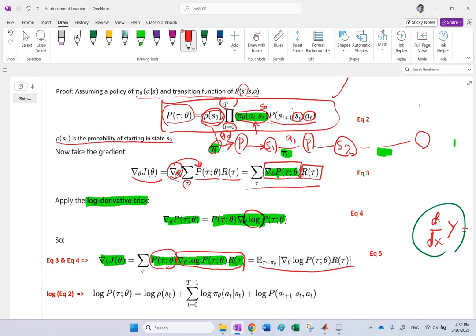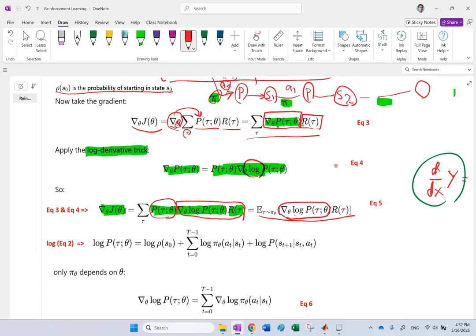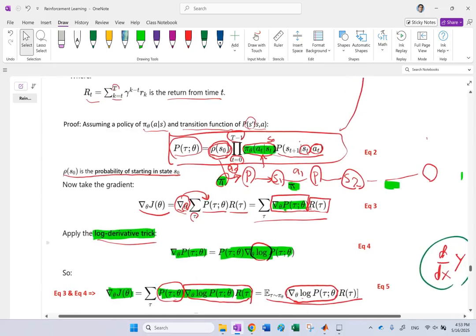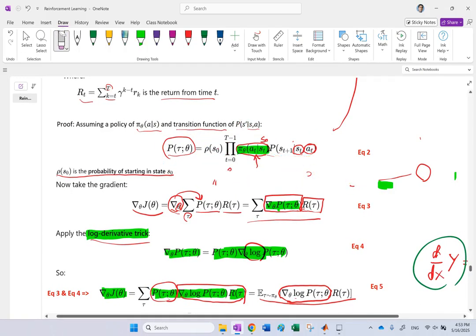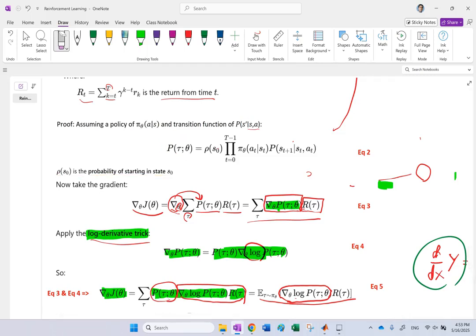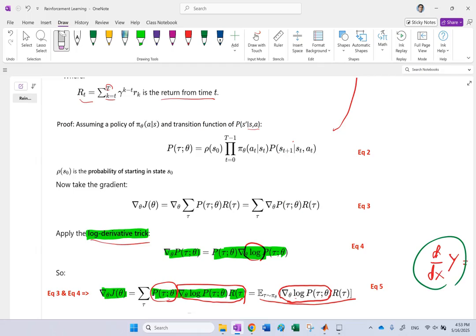Okay. Now, can we do any better? Because so far we have not really done this part. This is the part that we need to do. And you might say, why did you do this trick here? What was the point? The reason is this. P has a bunch of product terms in it. So let me show you. P has a bunch of products. It has pi in it, a product. And I want to convert that product into a summation.